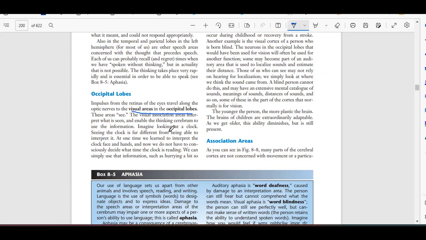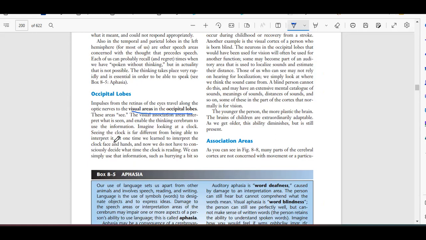The example given here is, we are seeing a clock, and we are interpreting what the time is now. How is this happening? Our retina has the image, it goes to the visual area, then the visual area passes the information to the cerebrum, the thinking area.